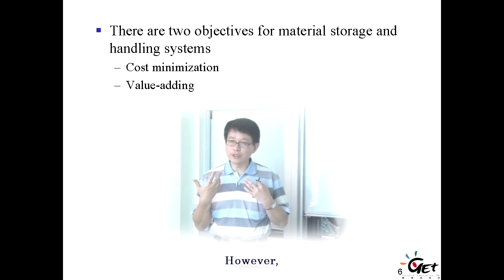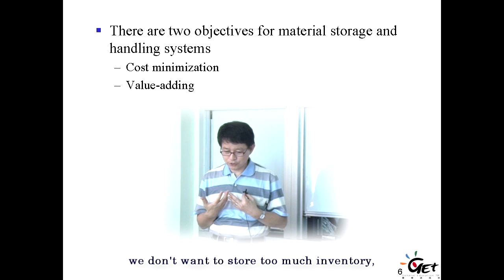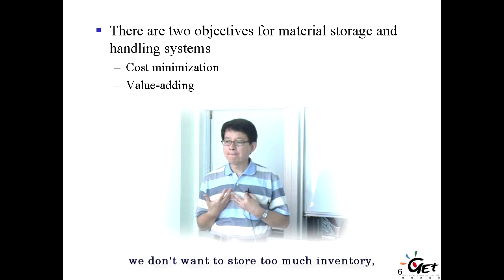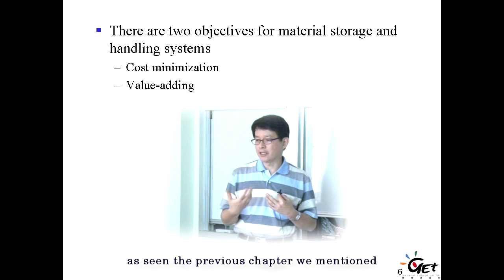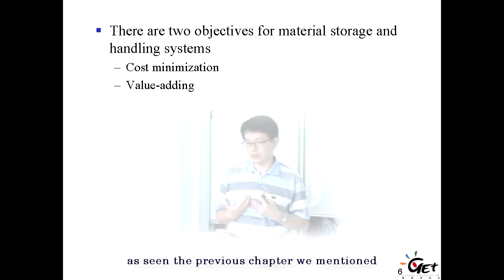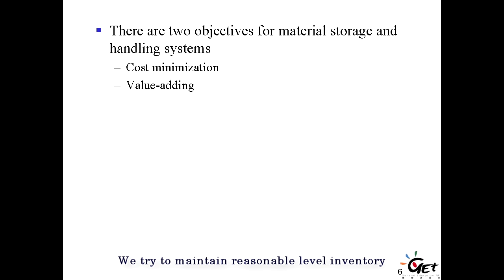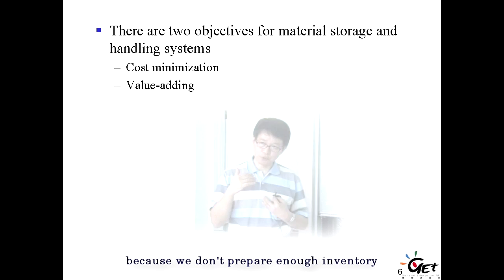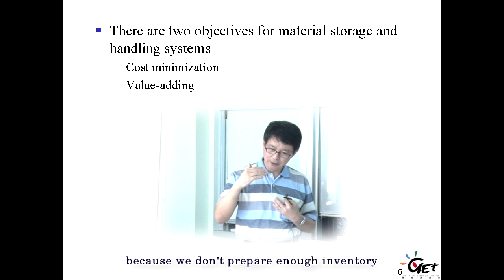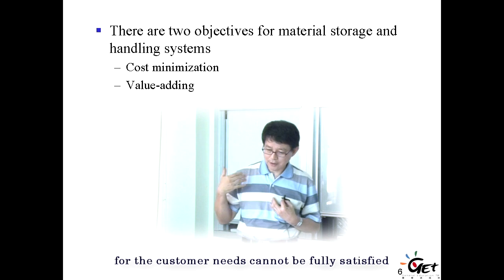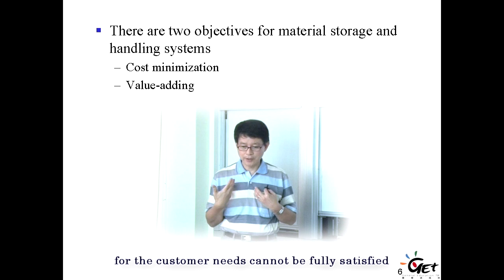However, we don't want to store too much inventory, right? As in the previous chapter we mentioned, we try to maintain a reasonable level of inventory. We don't maintain much more inventory than we need. Of course, we also don't want to not prepare enough inventory, so that customers' needs cannot be fully satisfied.